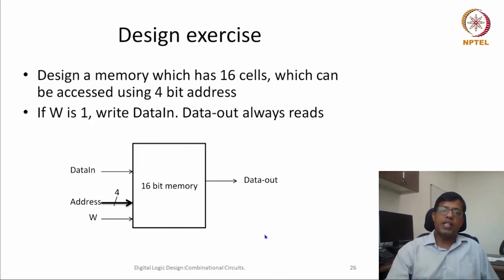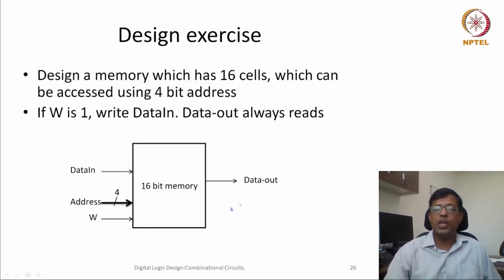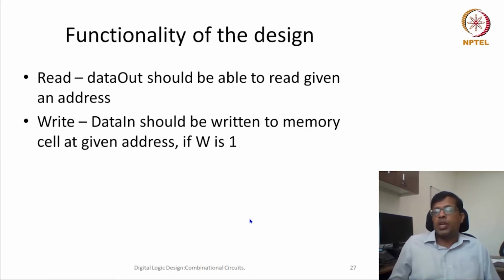Now how to design this? For designing, the first step is to see what the inputs and outputs are, and what their parameters are, like the sizes of input and output. The second is to describe the functionality clearly. Here we see there are 2 functions this circuit is performing. One function is read, so that means data out will read given an address.